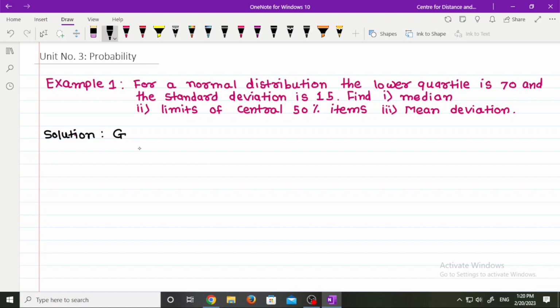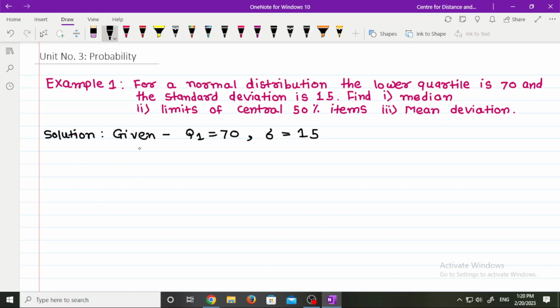First we write down in the solution: lower quartile Q1 is equal to 70, and the standard deviation, represented by sigma, is equal to 15.